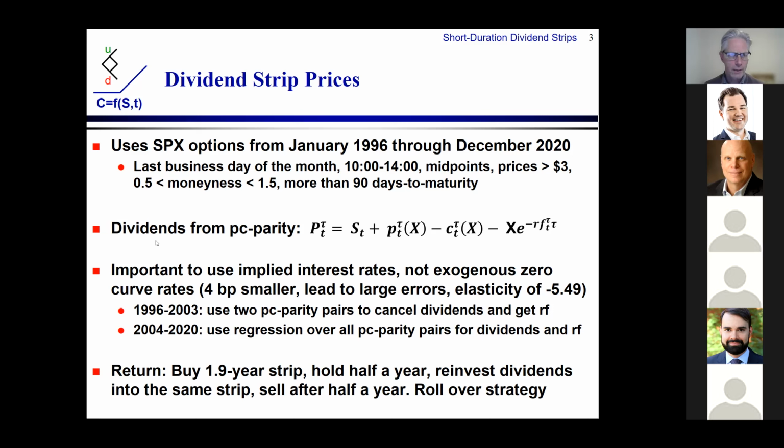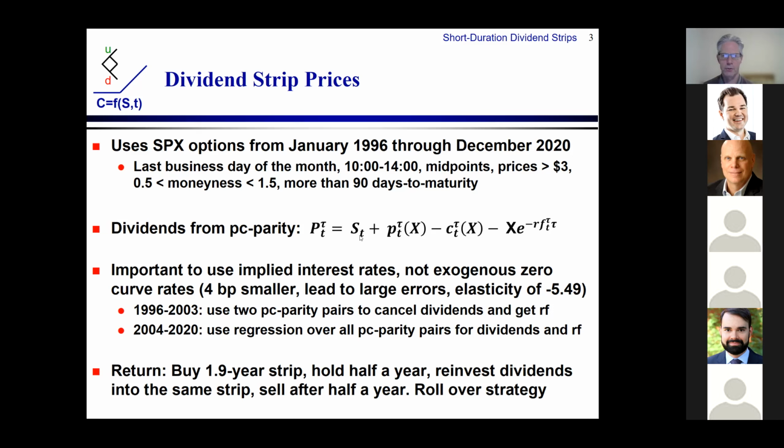We take the prices of these dividends from put-call parity. So we are rewriting put-call parity in such a way that on the left-hand side, we have the present value of the dividend claim on this particular set of options.